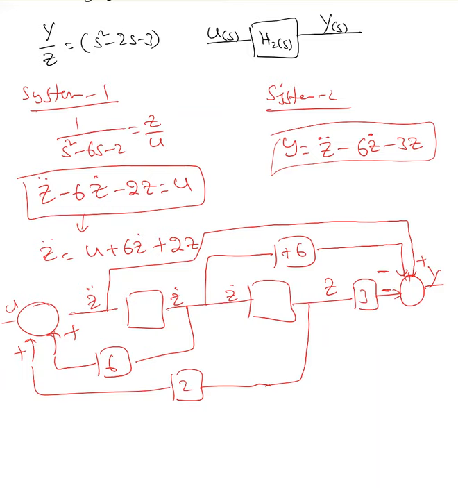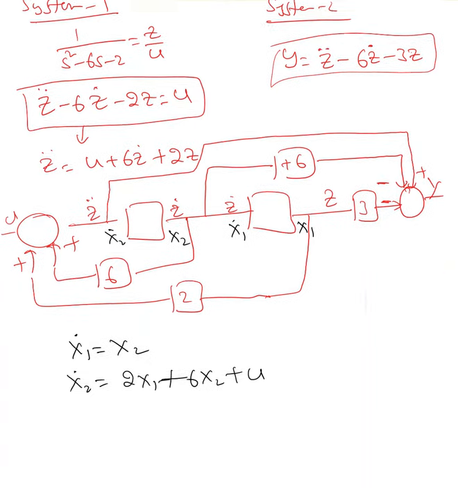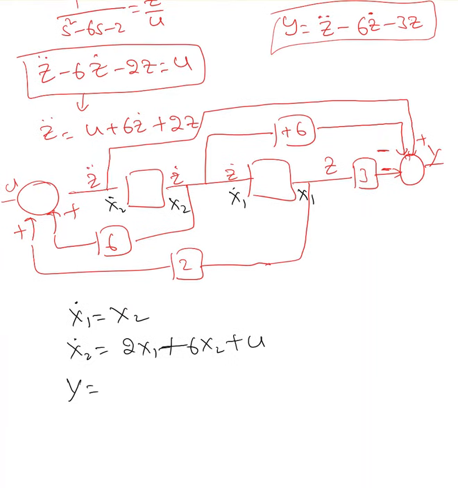Now I'm going to define the state variables x1 dot, x2 dot. So x1 dot equal to x2 and x2 dot equal to 2x1 plus 6x2 plus u, and y equal to minus 3x1 minus 6x2 plus x2 dot.